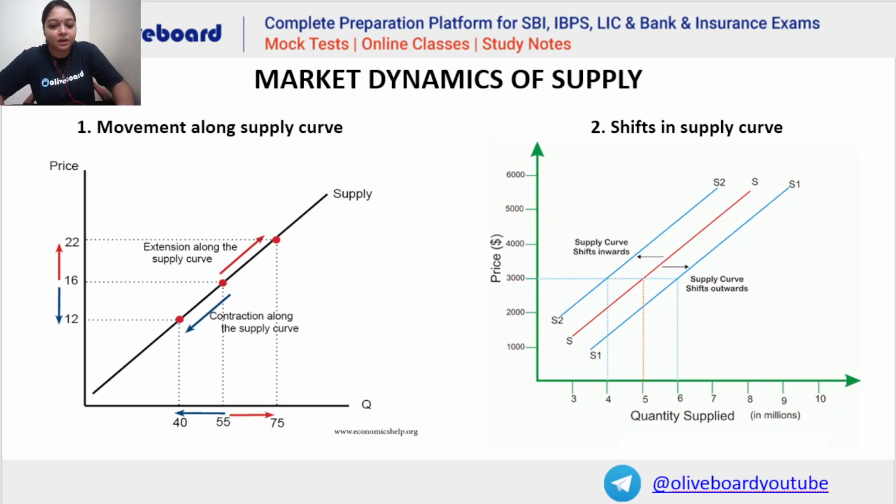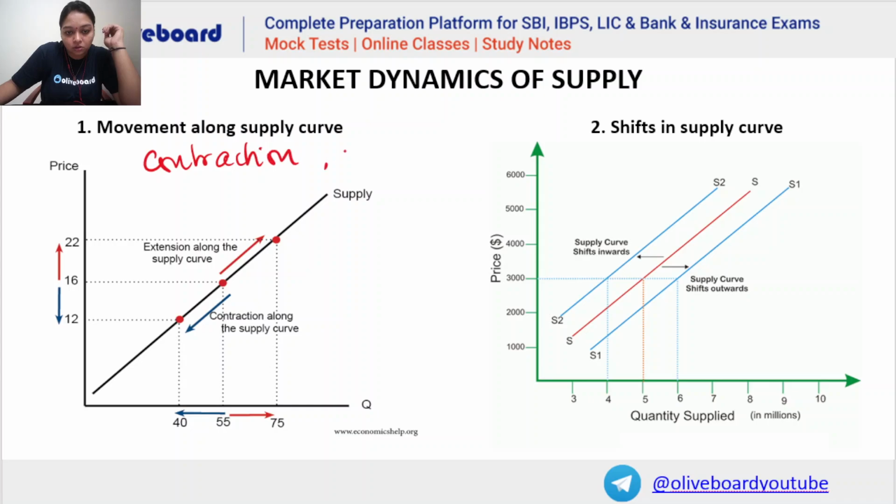Now coming to market dynamics of supply. It is the same as the market dynamics of demand, but now we are going to see it from the supply point of view. In movement along the supply curve, again you have contraction and extension.